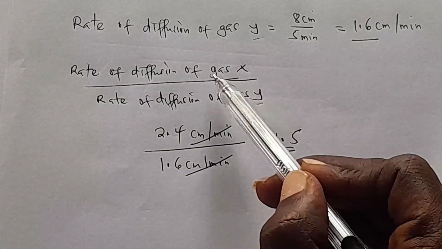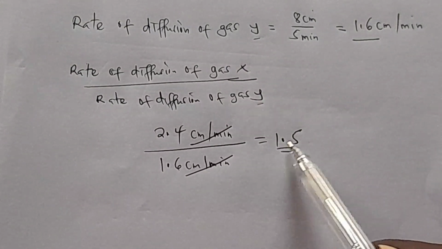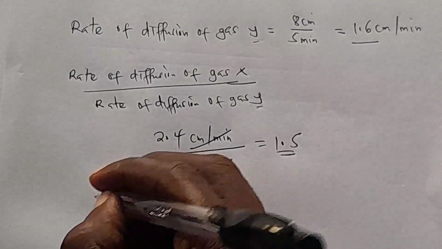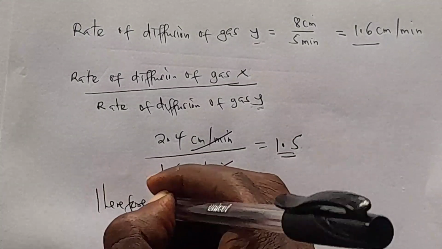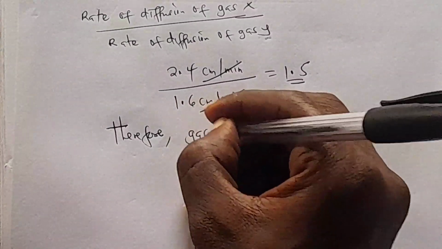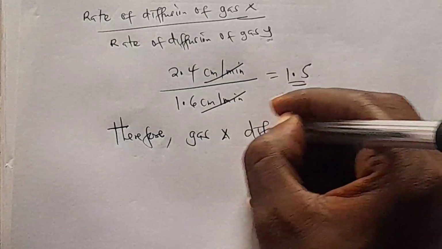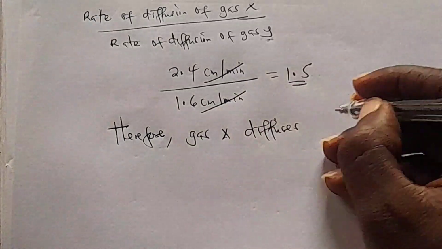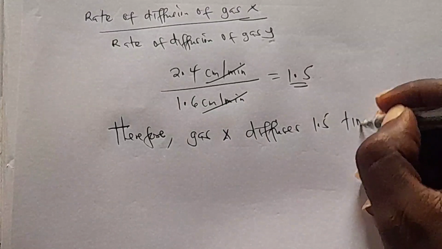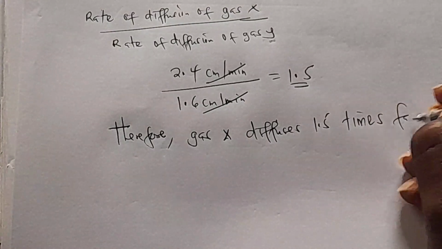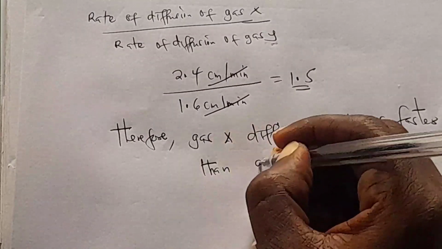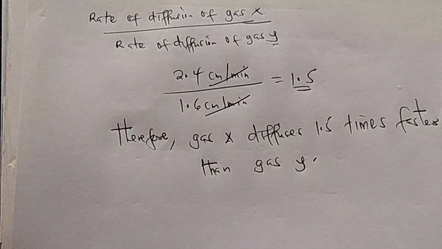So we can say gas X diffuses 1.5 times faster than gas Y. Therefore, that's our conclusion.